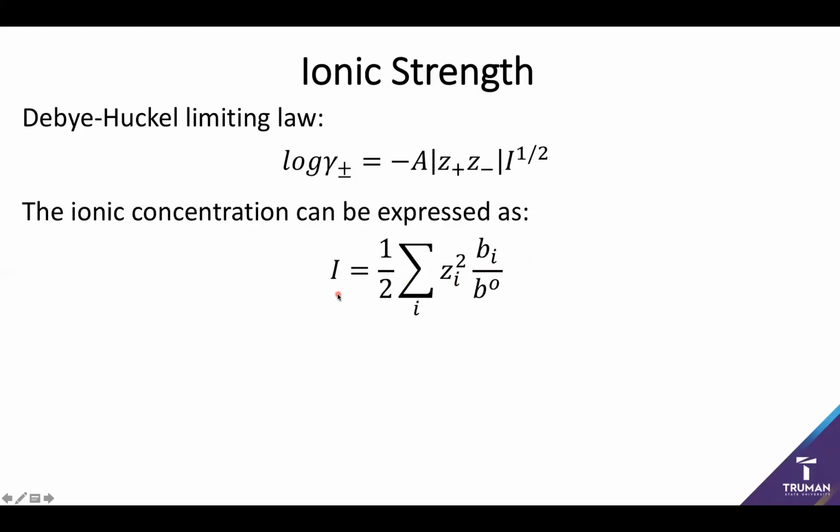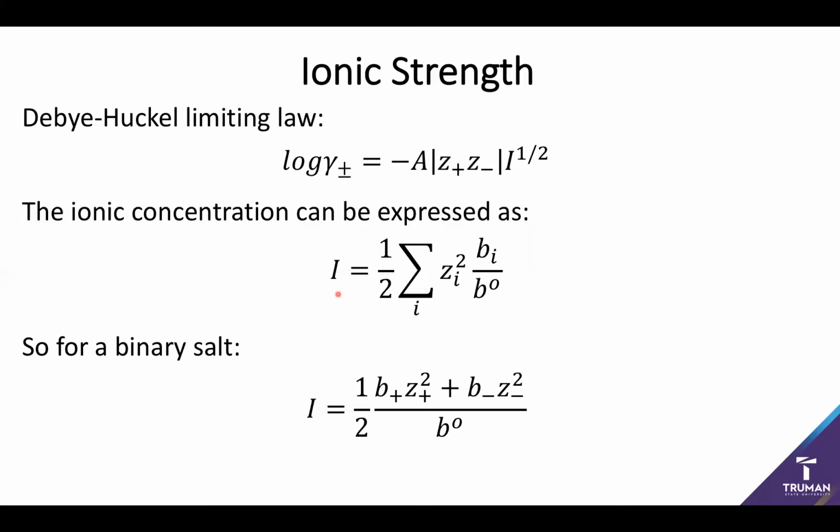Now, you may notice that this may be quite an exception, but it gives us a simple case, and a good starting place to describe a more complex ionic system. However, in many of our cases, we're looking at binary salts, so we do have a rather simplified form of cation times cationic charge squared plus anion times anionic charge squared, divided by 2.